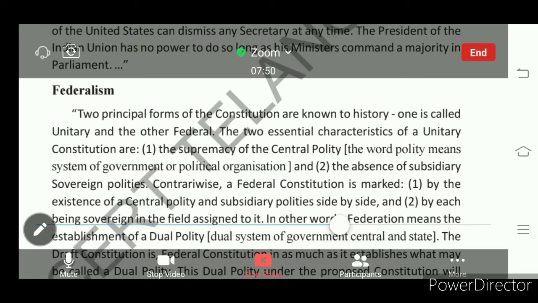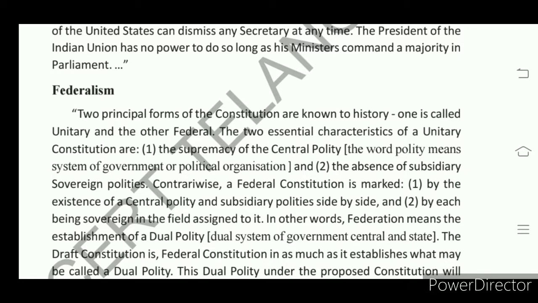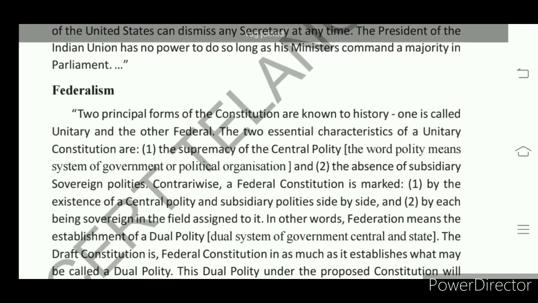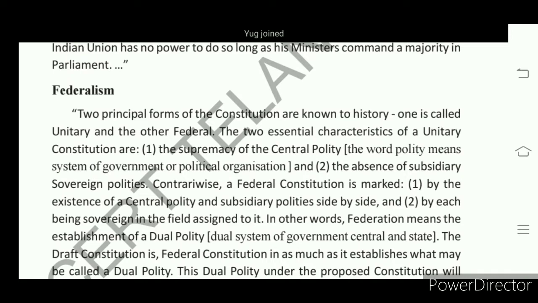Ambedkar, addressing the Constituent Assembly on the features of the draft constitution, highlighted the features of the Indian Constitution. He says that there are two types of constitutions in the world.